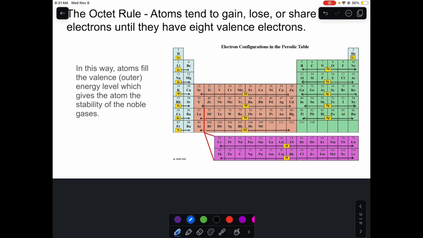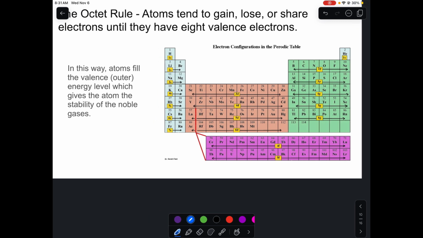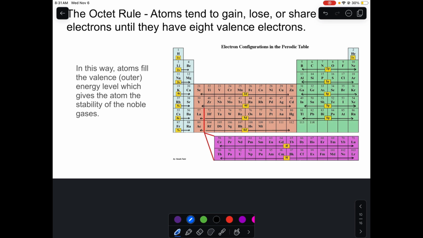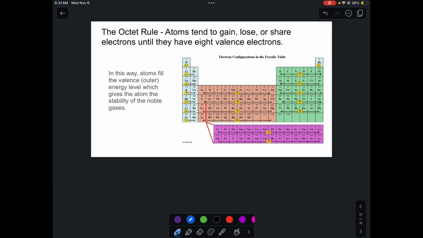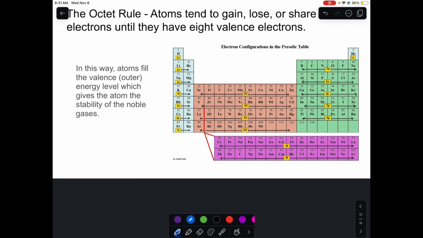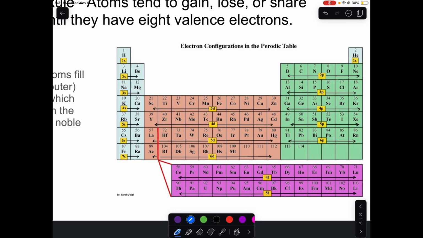All right. The octet rule tells us that atoms tend to gain, lose, or share electrons until they have 8 valence electrons. In this way, atoms fill the valence, the outer energy levels, which gives the atom the stability of the noble gases. Okay, so that's how ions occur.